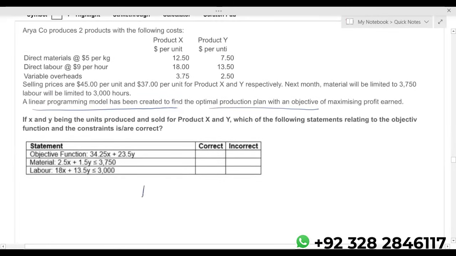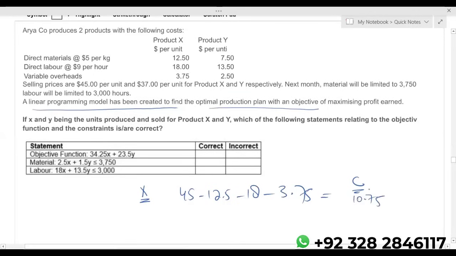It means contribution of product X will be 45 minus 12.5 minus 18 minus 3.75. Let's see what is the contribution of product X.